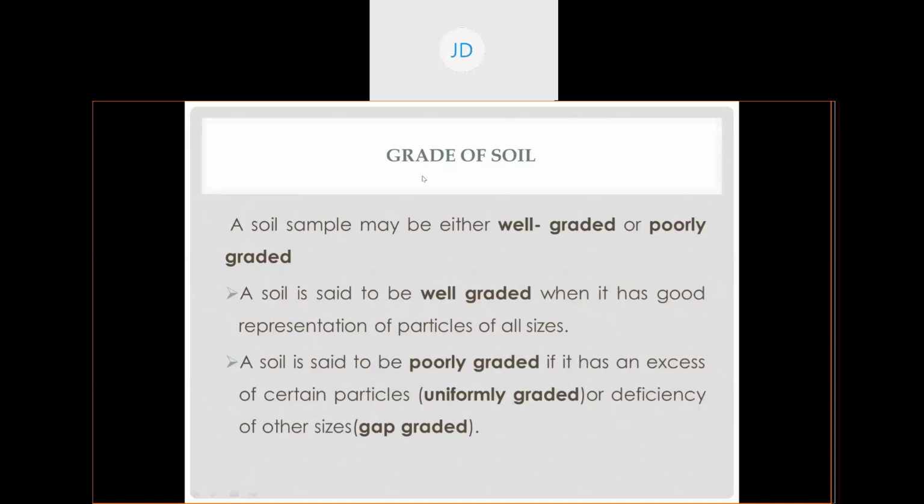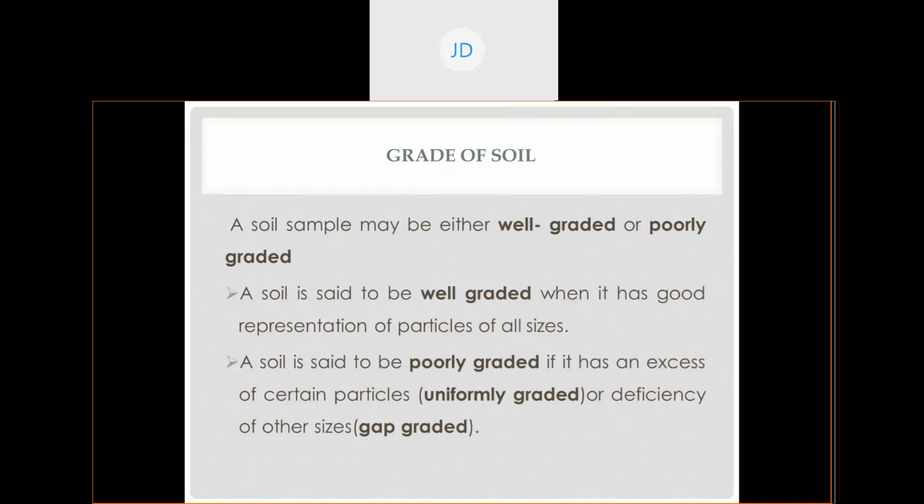Now this grade of soil is a very important term since, as I already told you, in nature soil may be present in different shapes and sizes. Whatever sample you have taken to the laboratory or for your construction work, it may contain fine grained soil, coarse grained soil, or different shapes and sizes of soil particles.